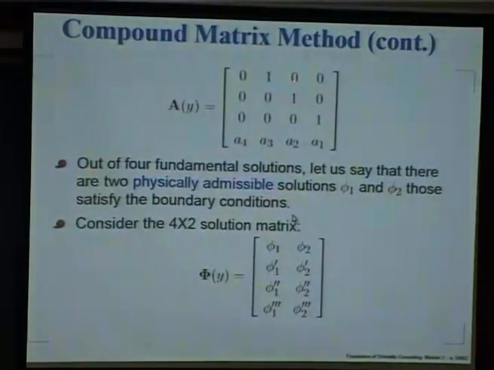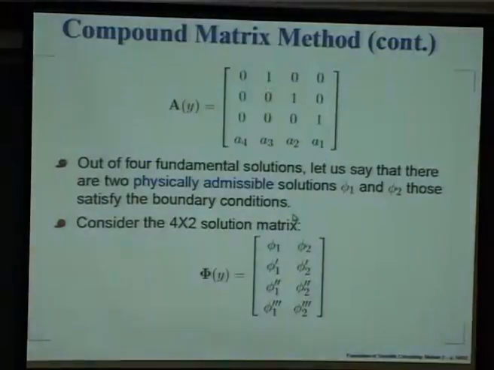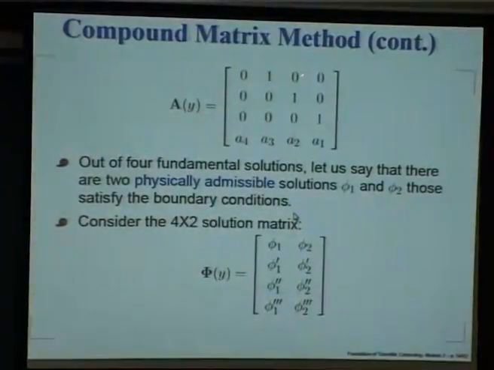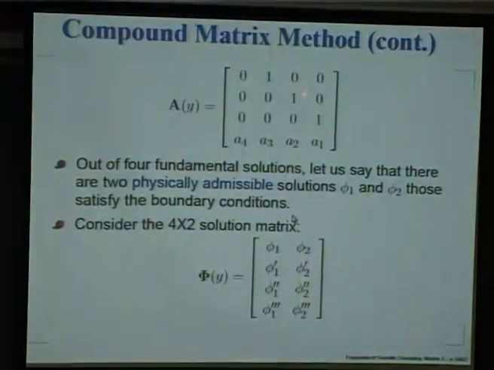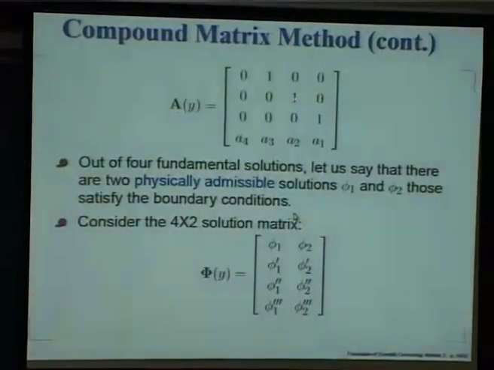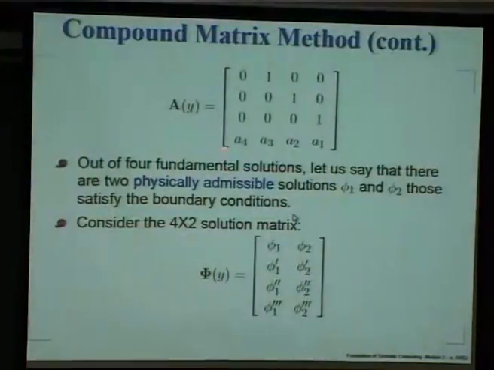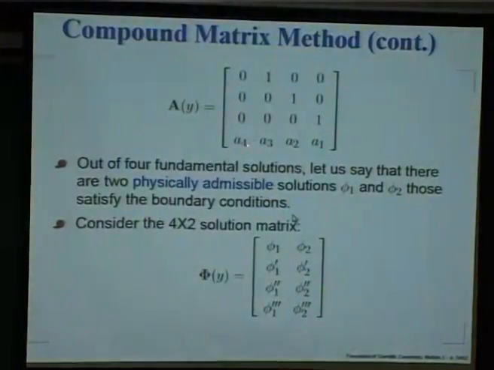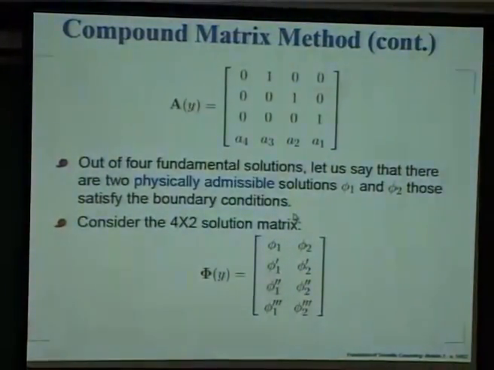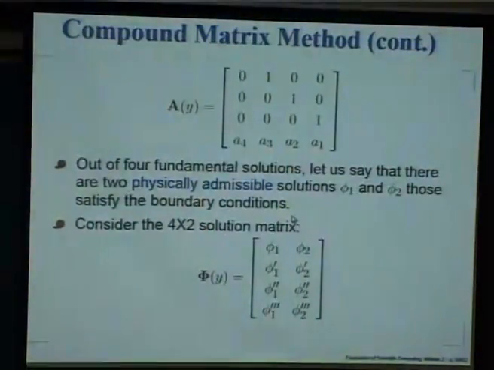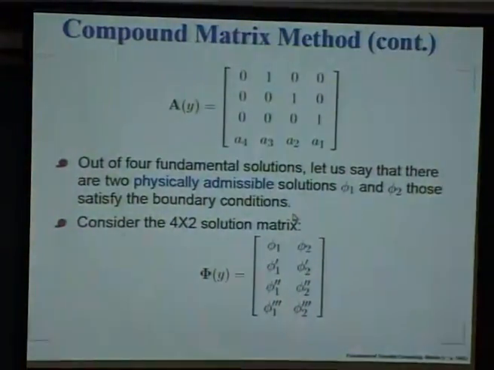Of course, phi prime is the first component. If you differentiate it, you get the second component, and if you differentiate the second component, you get the third component. The first three equations are straightforward from the definition itself. The fourth equation comes from the governing equation that we have written down. So, that is what you get.